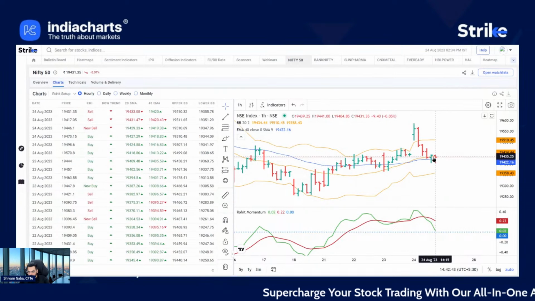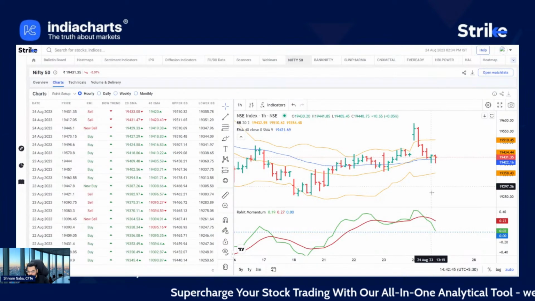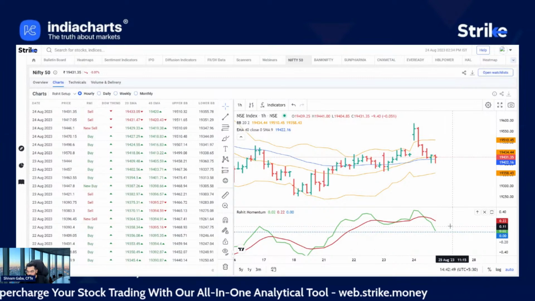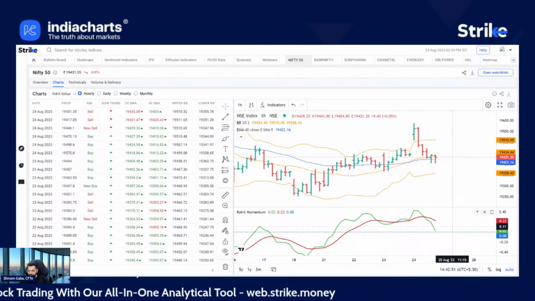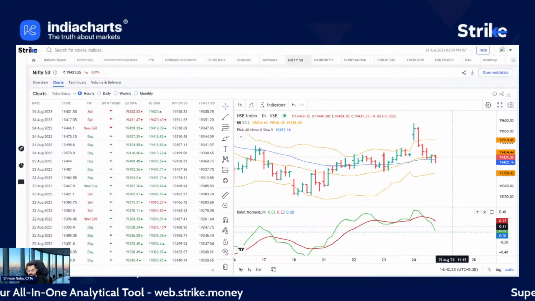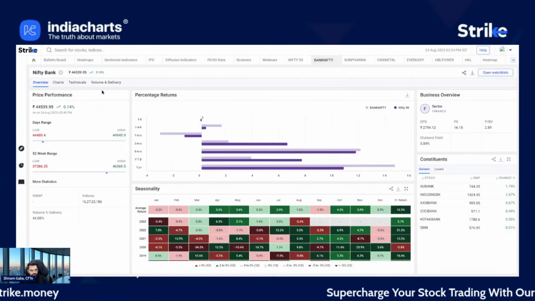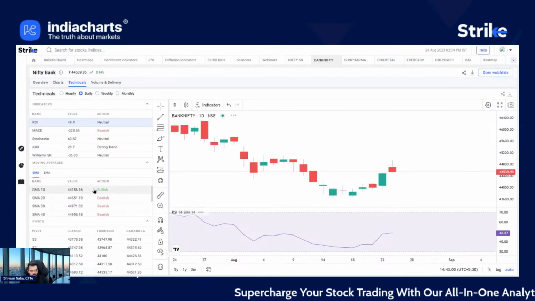So if it's able to hold around these levels, and again RMI goes back below zero and turns positive, that would indicate a continuation of the bullish trend, and on the hourly we will get a fresh hourly signal on the Nifty. On the Bank Nifty, I'm going to the chart first.